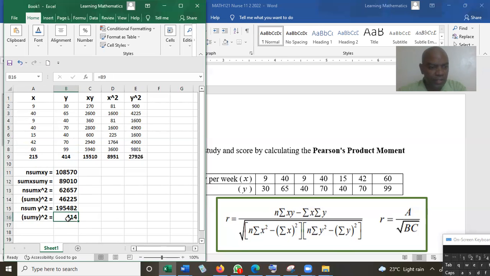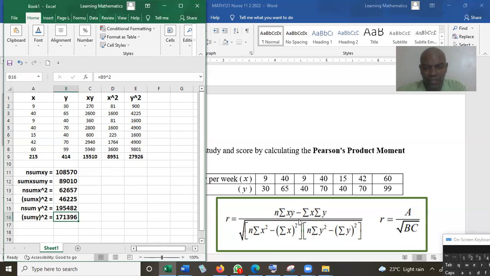So you just carry the sum of y, because I did not tell Excel to square. Shift 6 will give us the power of 2. Power, and then we just type 2, which is B9 raised to the power of 2. Now Excel has squared B9.